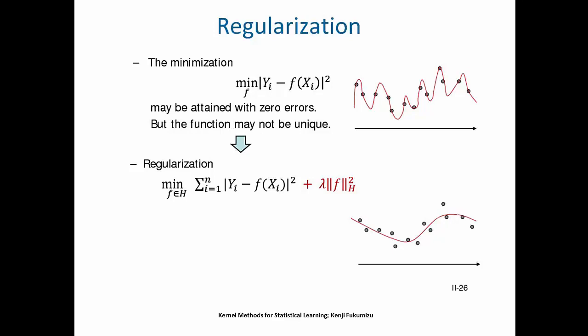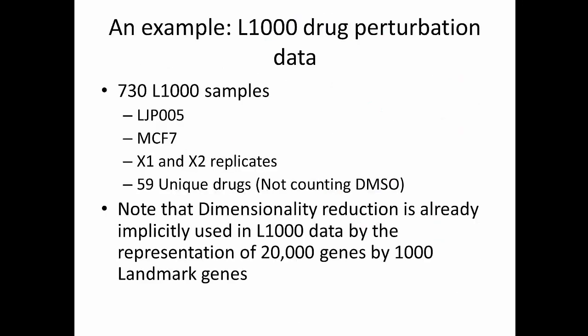Okay, so now I can start to show you some examples. The first example I have is from L1000 gene expression data of drug perturbations. So just as a kind of a trial, I've taken 730 samples from L1000 from the LGP5 set, all in the MCF7 cell line, and I've taken a couple of the replicate sets.